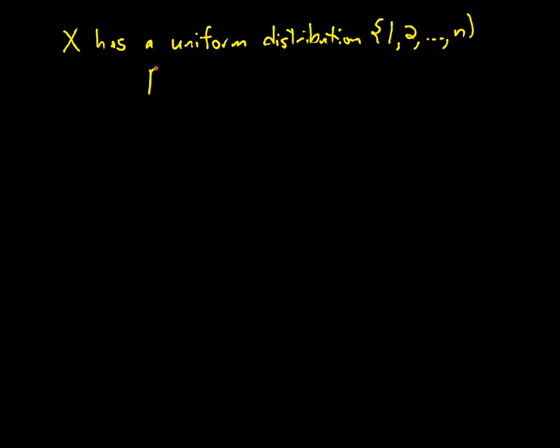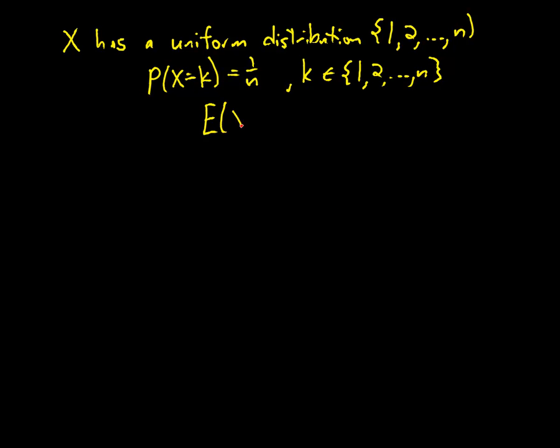And remember that means that the probability that x is any certain one of those integers is 1 over n, so long as k is in that set. And we saw in a previous video that the expectation of x is (n plus 1) over 2.